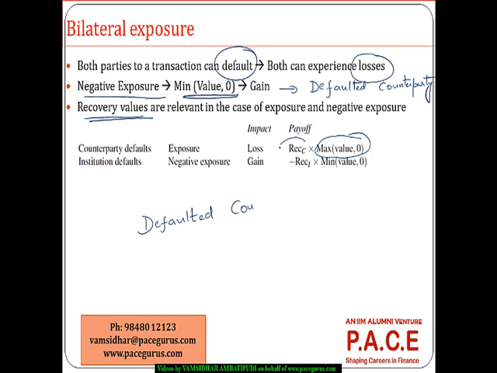But yes, if he is able to recover something, the loss is only the remaining portion of it. So in case the counterparty defaults, the loss is going to be this much. Whereas if the institution itself is defaulting, there is a negative exposure that is coming up for that defaulting counterparty, which will result in a gain.